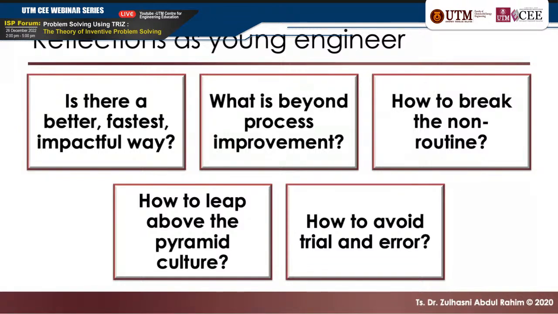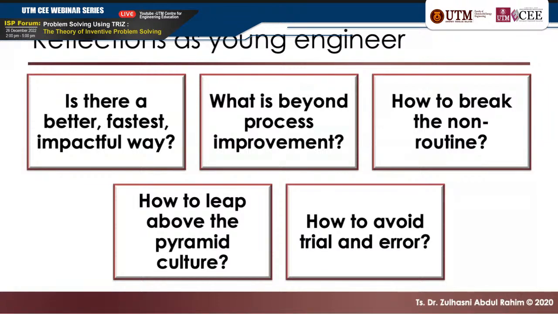And then you can also look into the question of how to break the non-routine. Sometimes routine has its own challenges, so we look into the element of doing things differently with a different kind of perspective, and how to leap above the pyramid culture.